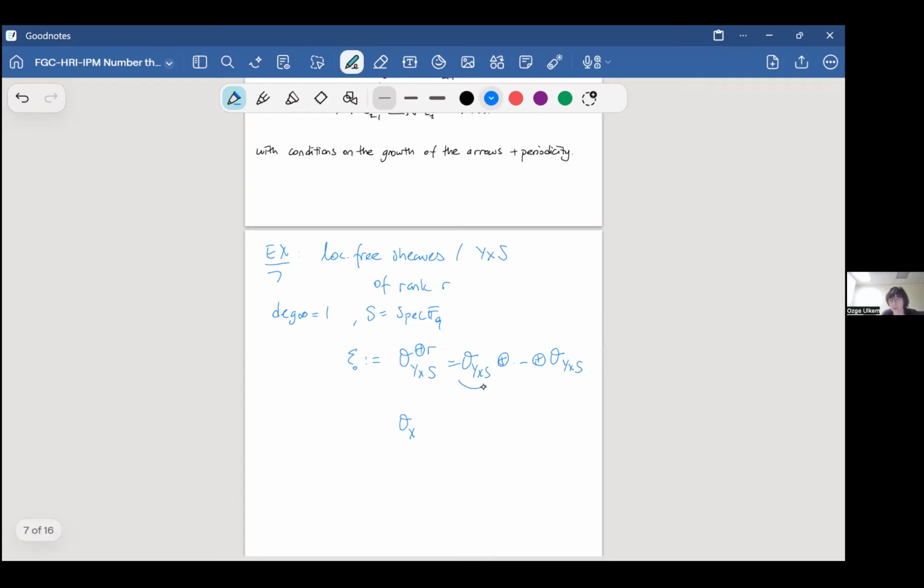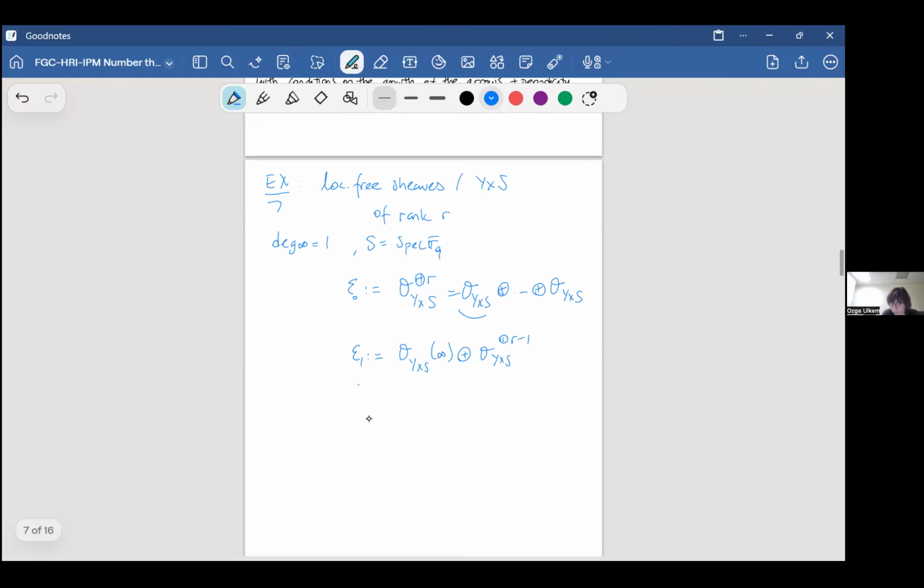I start modifying from the first one, Y times S, or Y times S, r minus 1. And I define E1 to be this. And you can continue this until E_r, which will be the case where everything is modified.